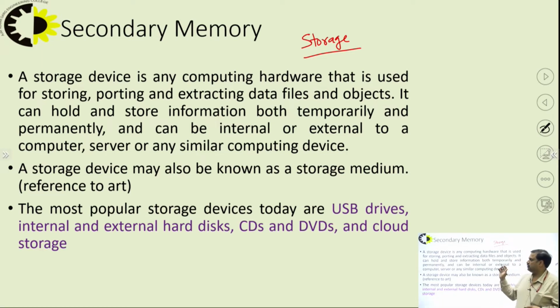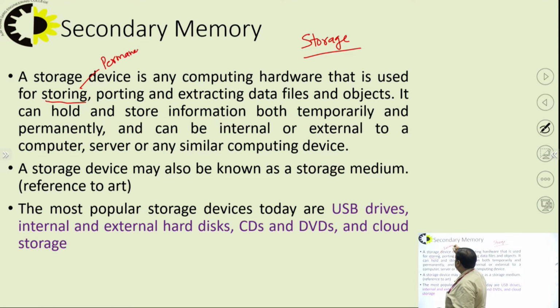What kind of data does this storage device store? Permanent storage. And porting means we can easily carry it from one place to another, and it is also easy to extract data files due to the efficient file system used in these storage devices.